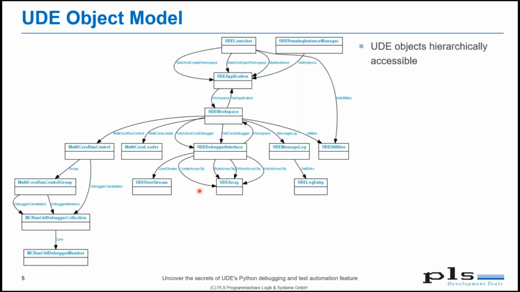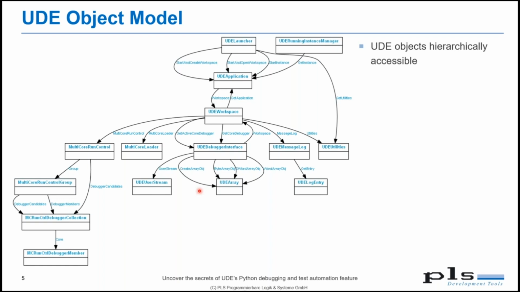Because we have this hierarchical structure of the objects in the object model, all of your scripts must first access a top level or root object. From here, you can access the next lower objects in this hierarchy using functions that we provide in each object or also properties.